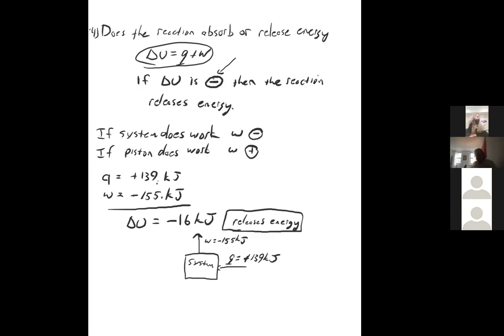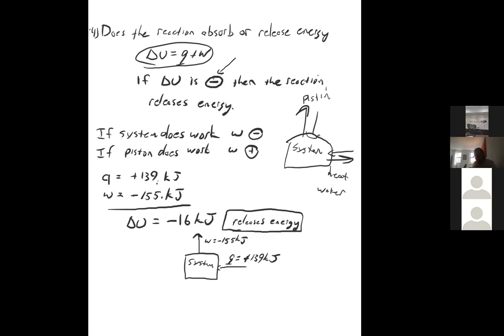So just think of it like this. Your system: you got heat coming in or out. You got work coming in or going out, right? So you got your piston here, and then you got your water bath here. If heat goes from the water into the system, Q is positive.